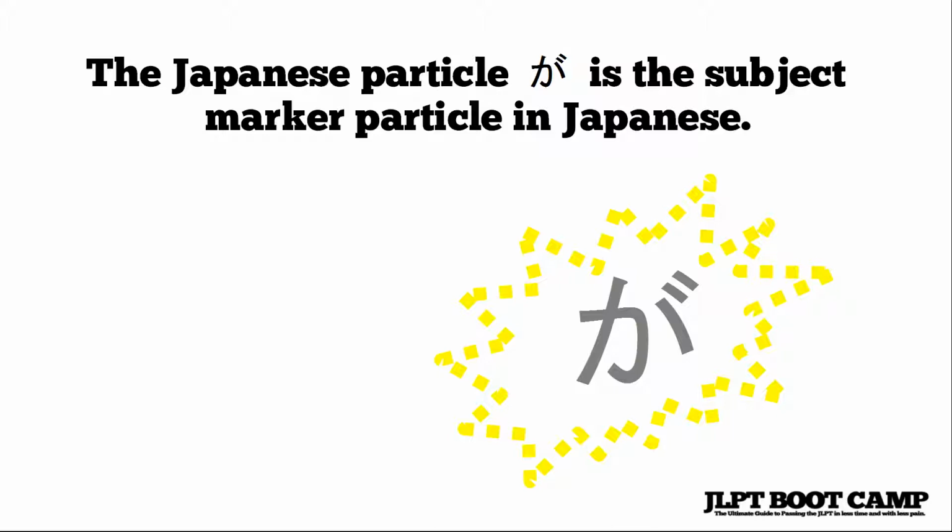And just as a quick side note here, for the JLPT N5 level, particles are really important. The different particles de, ni, o, mo, all these particles are going to be really important for the N5 test, for you to pass the N5 test, especially in the grammar section, of course, but also in the reading sections and the listening sections.